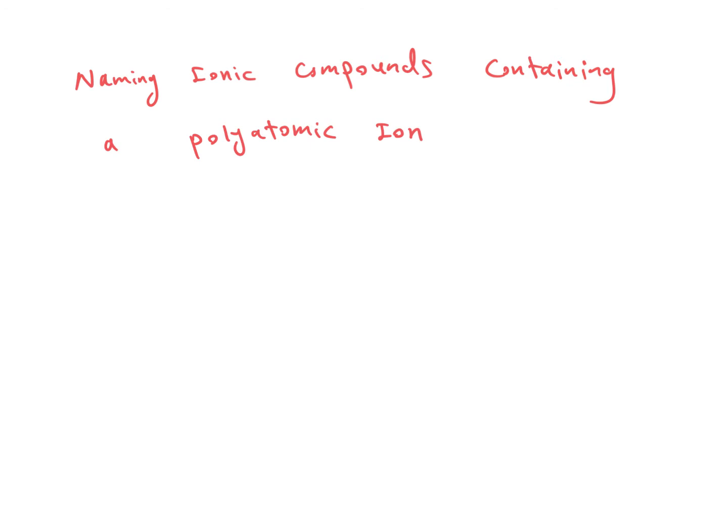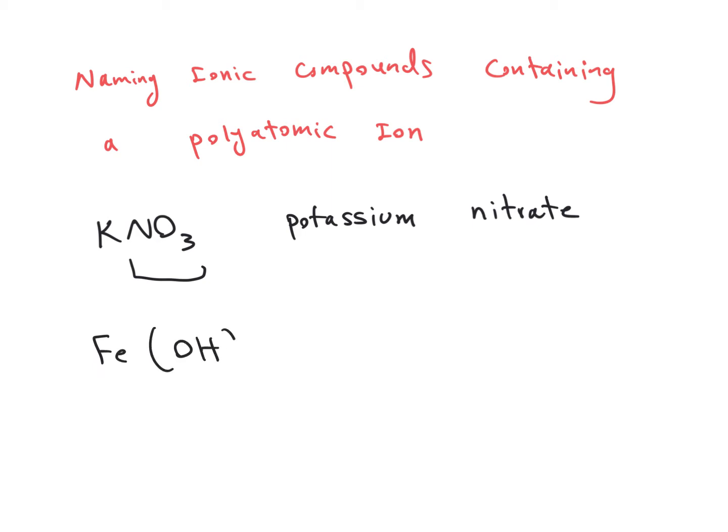So what you do, for instance, if you have KNO3, you write the name of the metal, so that part is the same, potassium, okay? And here, you write the name of the polyatomic ion, as simple as that. You write nitrate. And I give you the table of polyatomic ions, so you don't have to stress too much about distinguishing them, okay? Or another example, if I give you FeOH2. So what is this element?